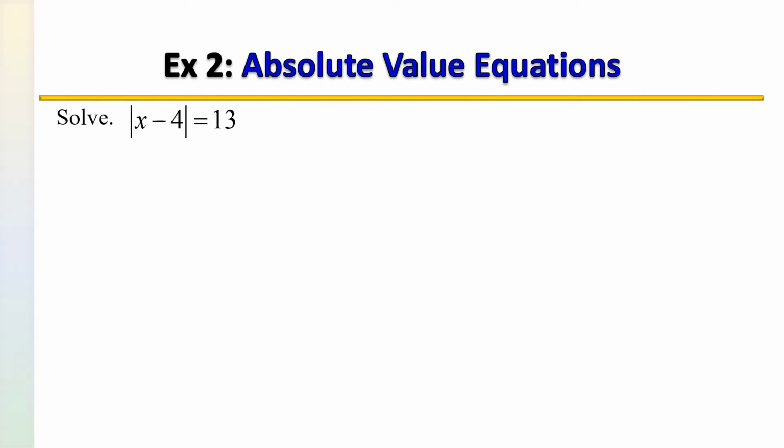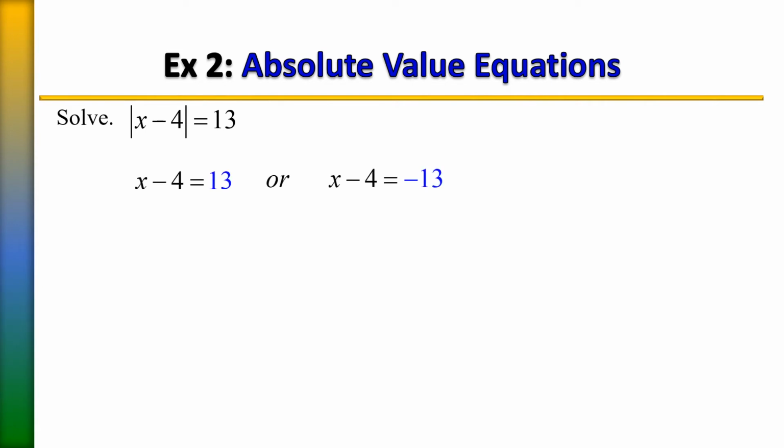In the next example, we have the absolute value of x minus 4 equals 13. The fact that the number on the right side of the equation, the 13, is greater than 0 means we're going to have two separate equations. So that's x minus 4 equals 13, or x minus 4 equals -13. To solve both for x, we're going to need to add 4 to each side.